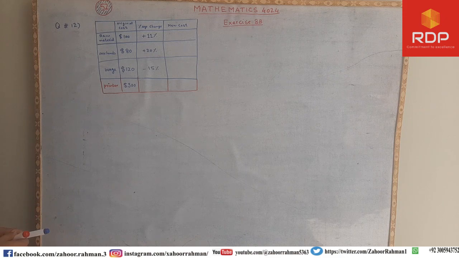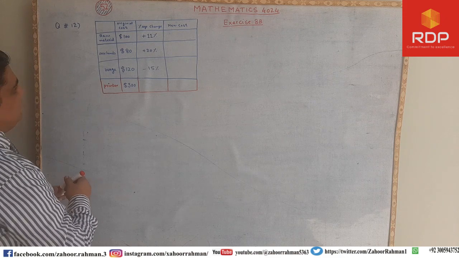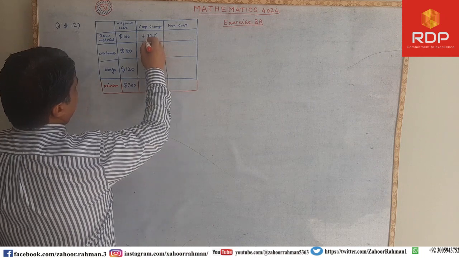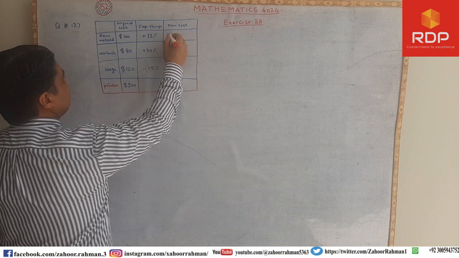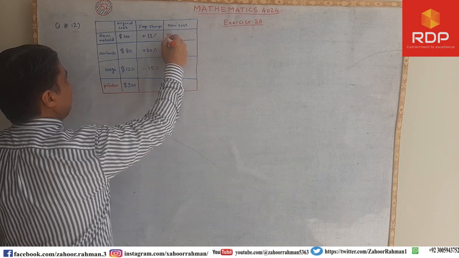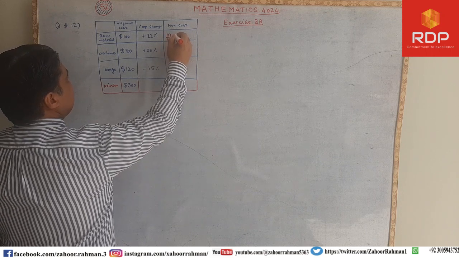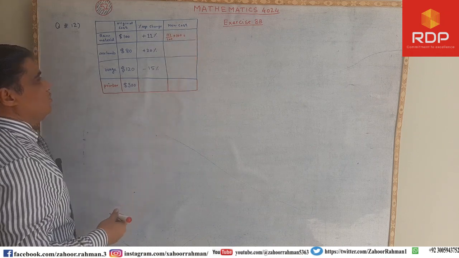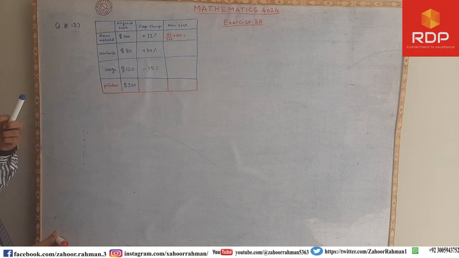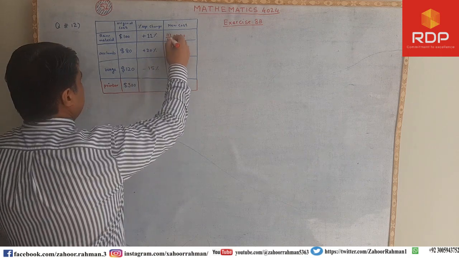So when it is increased by 11%, it means 111% of the $100, which will be equal to $111.